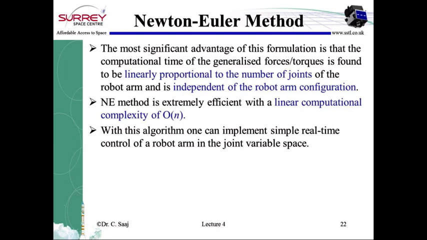So one can say that we can use the Newton-Euler method for real-time applications, but from my experience, I would also strongly recommend you try both the Newton-Euler method as well as the Lagrange-Euler method.